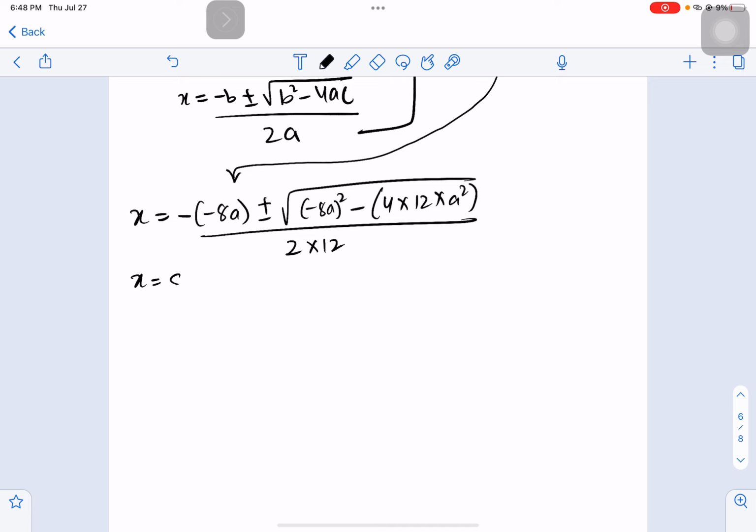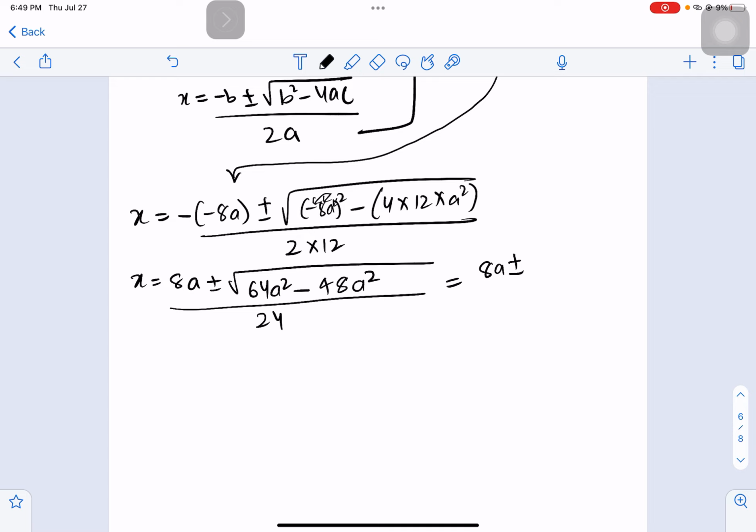So x is equal to 8a plus or minus the square root of 64a squared minus 48a squared, all divided by 24. Since both terms have a squared, you operate the numbers and get 16a squared over 24.